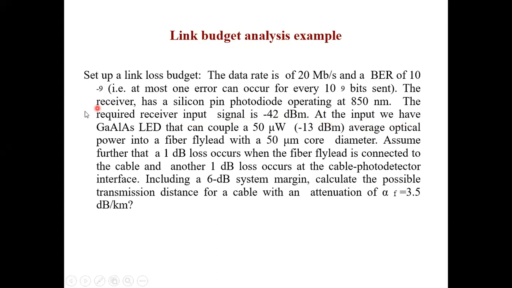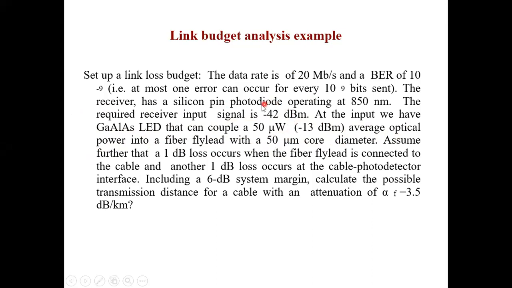At the input, we have a gallium aluminum arsenide LED that can couple a 50 microwatt or -13 dBm average optical power into a fiber fly lead with a 50 micrometer core diameter. So many specifications are given about the fiber.